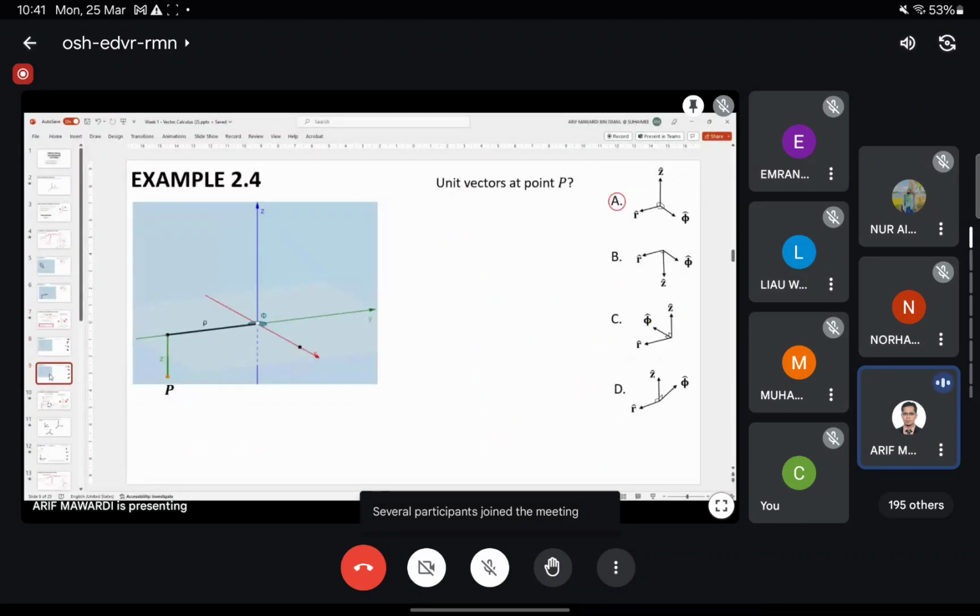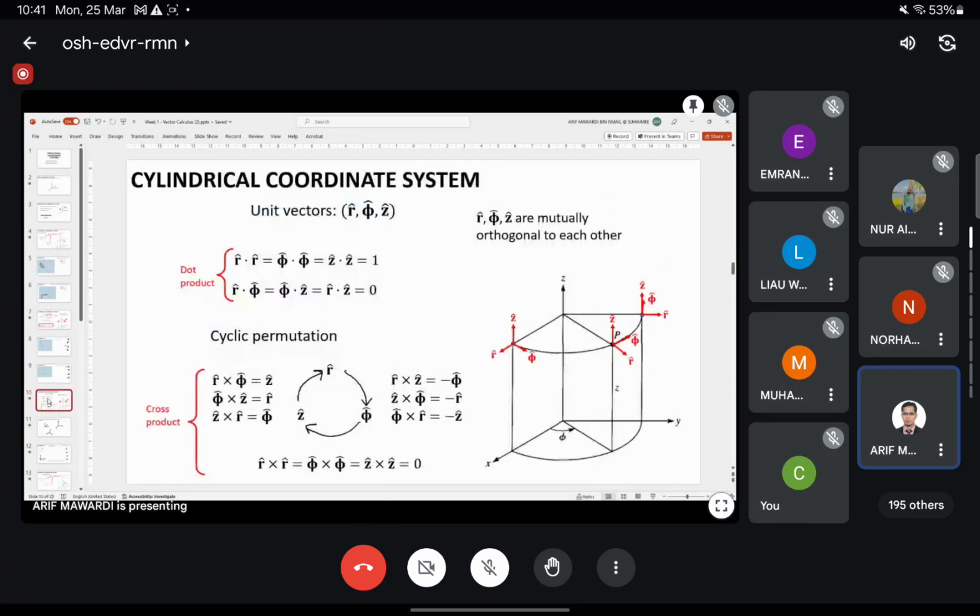We have done this, and also we have looked at this. We have talked about how you take the dot product between unit vectors in the cylindrical coordinate system and the cross product between unit vectors in the cylindrical coordinate system.